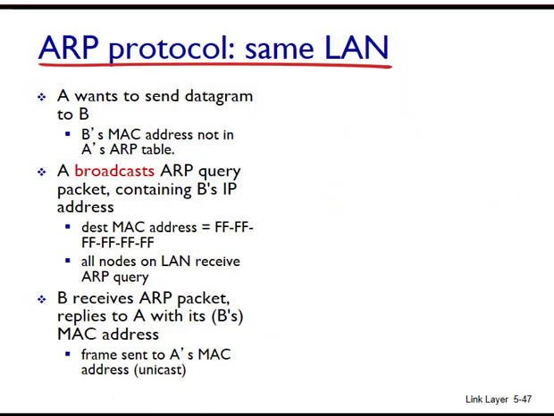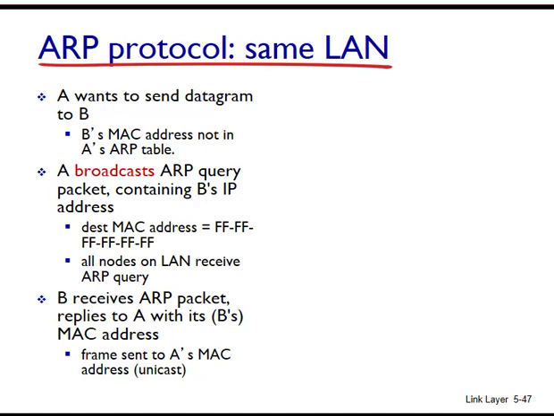Now suppose that the host with IP address 222.222.222.220 wants to send an IP datagram to host 222.222.222.222. In this example, both the source and destination are in the same subnet.